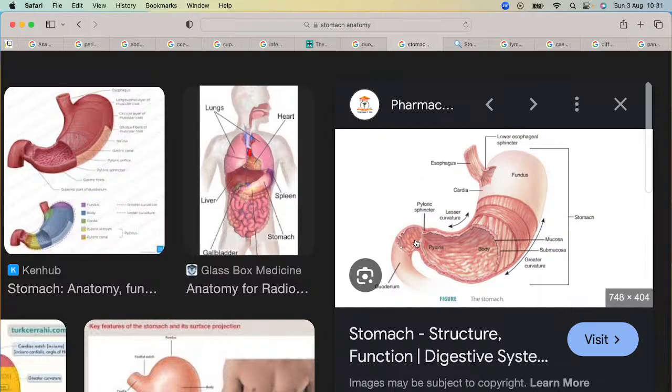So it includes the pylorus itself, the pyloric canal with the pyloric sphincter, and the pyloric orifice, okay, the pyloric antrum. So those are the regions of the pyloric part. So it's the cardia, fundus, body, and the pyloric part.